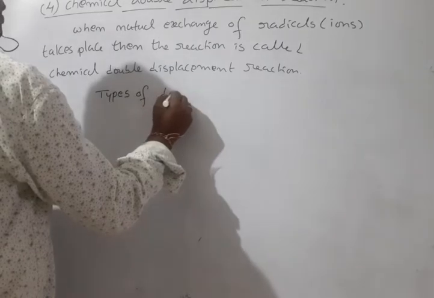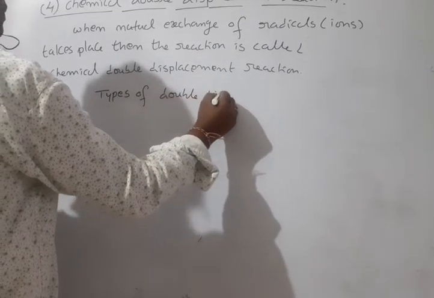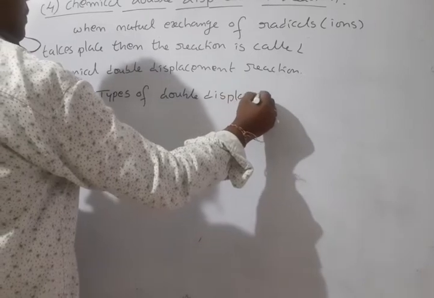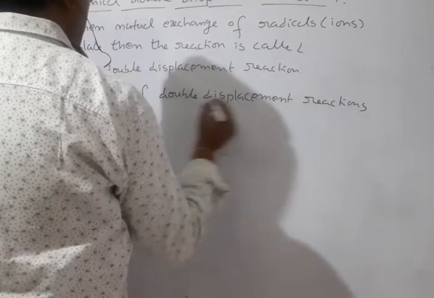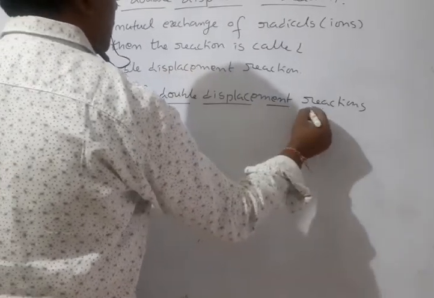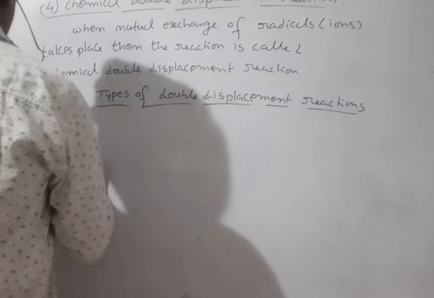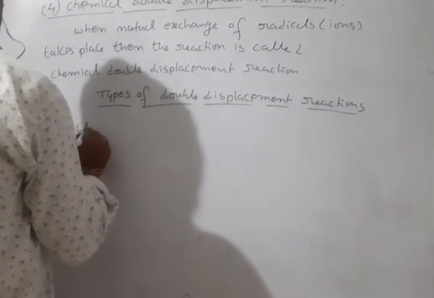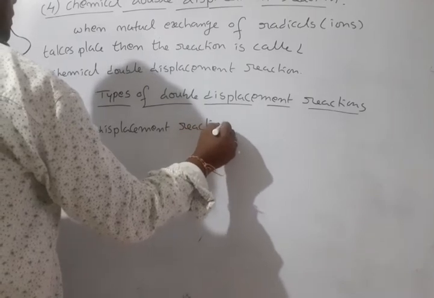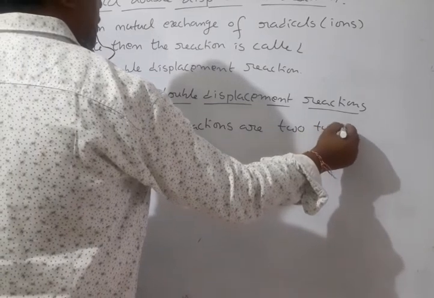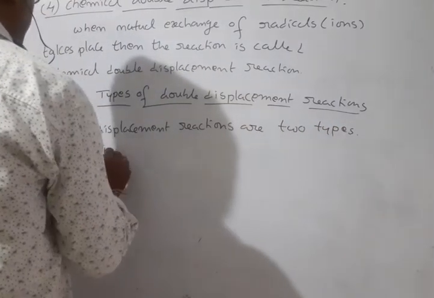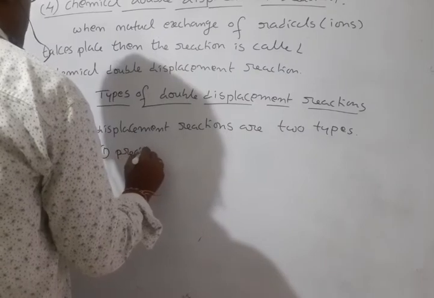Types of double displacement reactions. Here double displacement reactions are two types. One is the precipitation reactions.